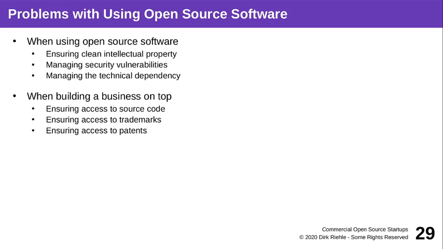Also, you need to watch out for any security vulnerability introduced by an open source component. You may think, well, if it's a third party closed source software, there might be security problems too.